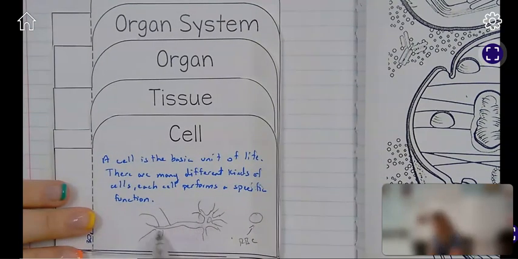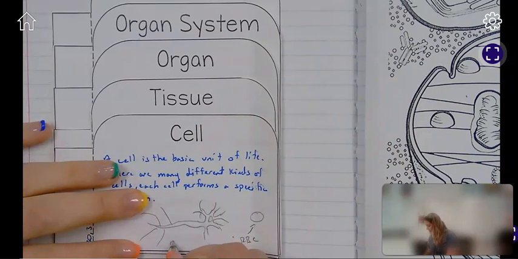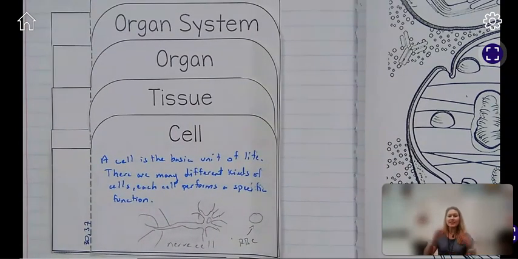This type of cell that I've drawn right here, and I'm so proud of myself for this drawing, is a nerve cell, and it looks nothing like a red blood cell, which is that classic circle we're used to, because the shape of the cell is determined by its function.